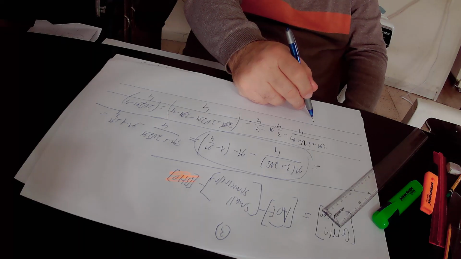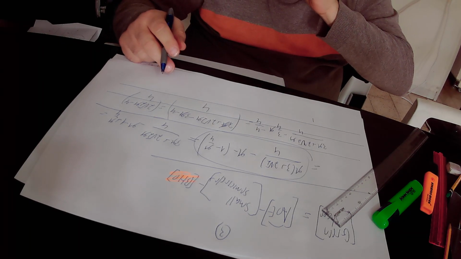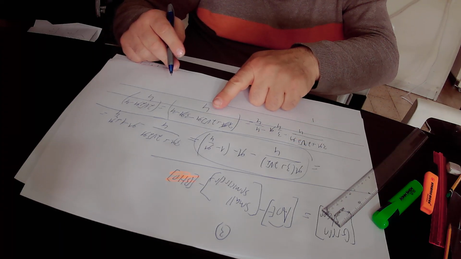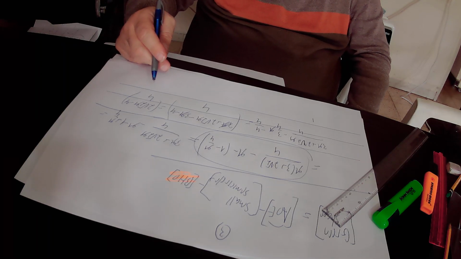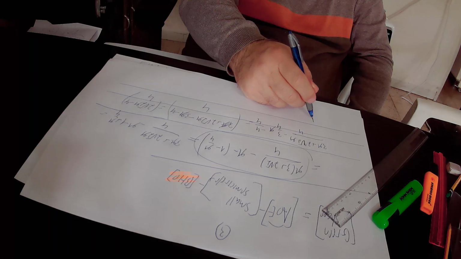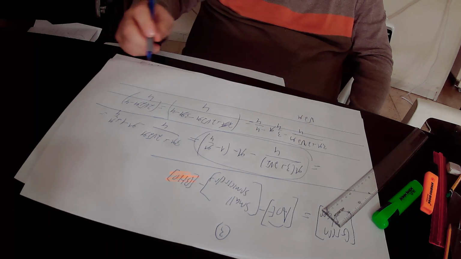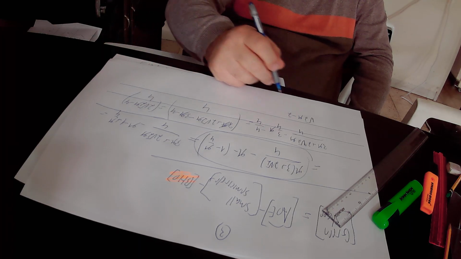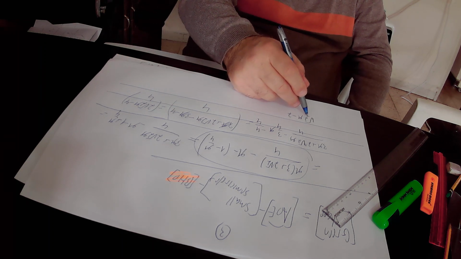So 2 times square root of 2 times pi over 2 is square root of 2 times pi, and we have minus 4 over 2 is minus 2, and we have to divide the denominator of 4 also by 2. 4 over 2 is 2.